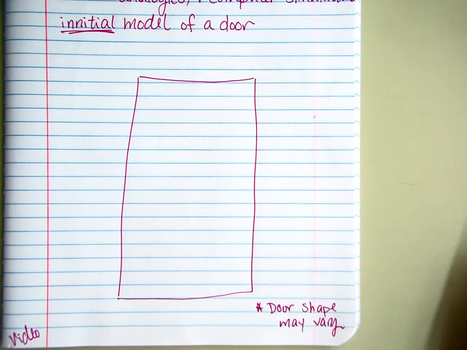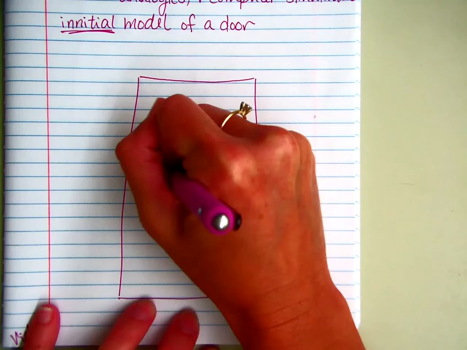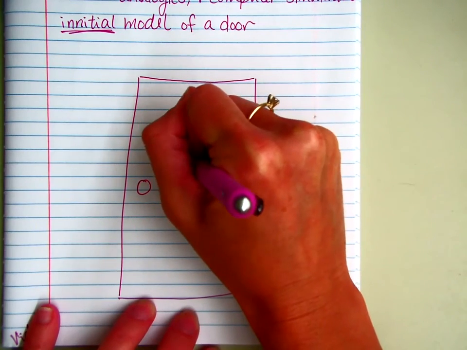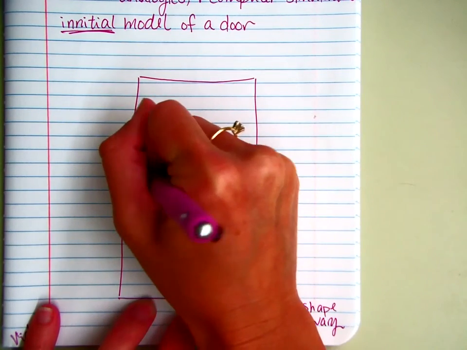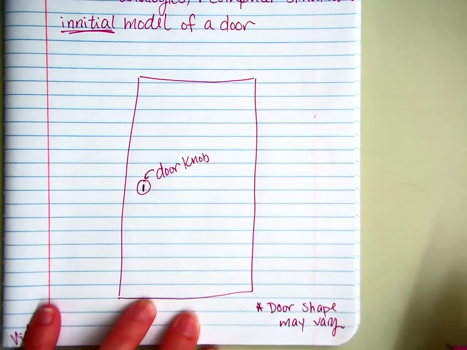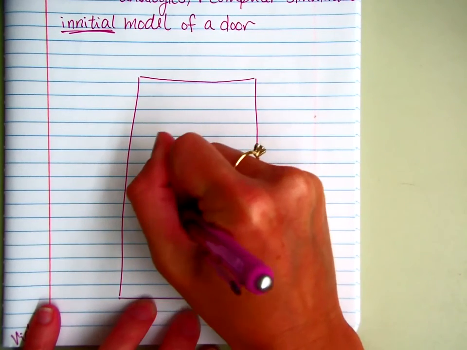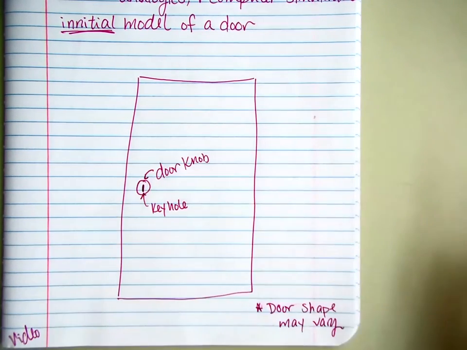Usually the next thing everyone says they added is a doorknob. And sometimes they'll say that their doorknob has a keyhole. Now, just labeling them is not going to be enough for me to know that you understand how a door works.